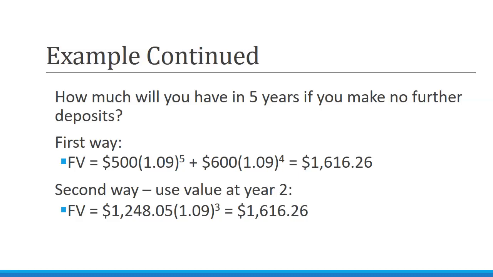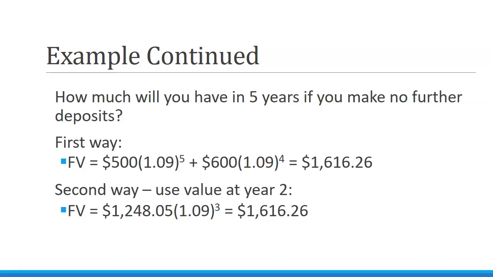If we make no more deposits but leave that money in for 5 years, then the $500 earns 5 years of interest plus the $600 earning 4 years of interest. The other way is to just use the value at year 2 and add 3 years of interest.